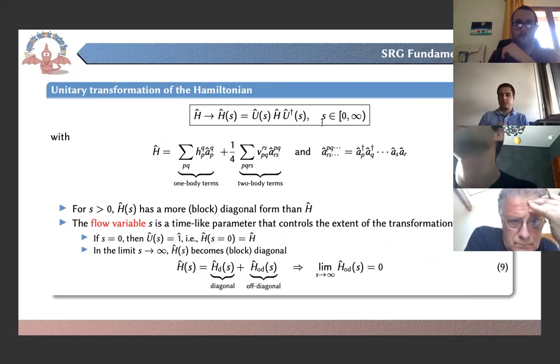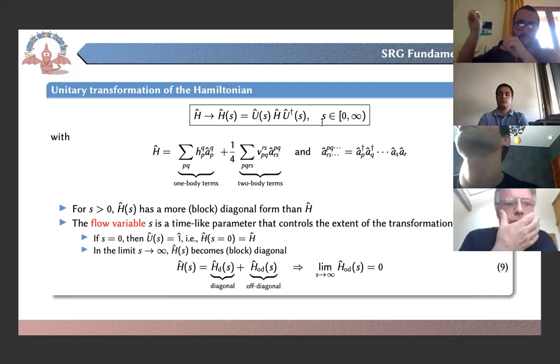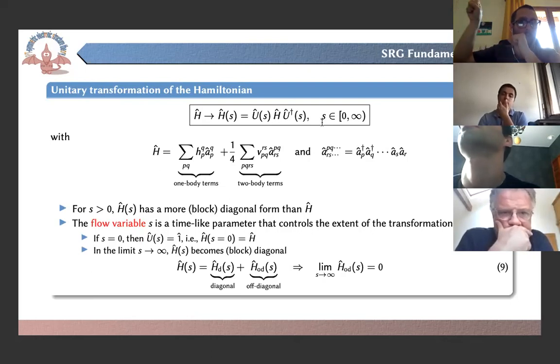And you're going to be able to choose that S parameter. So basically, if S is 0, you get basically the original problem. So you're not going to decouple anything. And as S gets bigger and bigger, you're going to decouple more and more until you reach the limit where the P and Q spaces are completely decoupled. Okay, so you have hard zeros in the off-diagonal blocks.